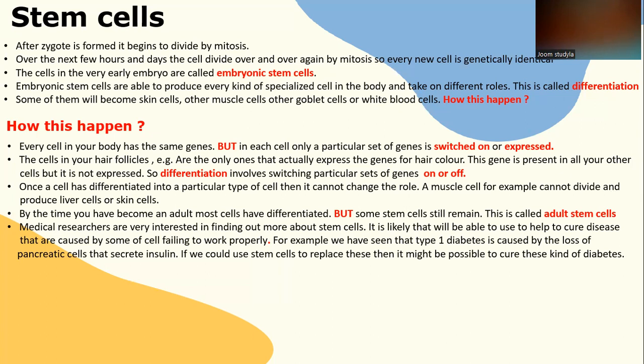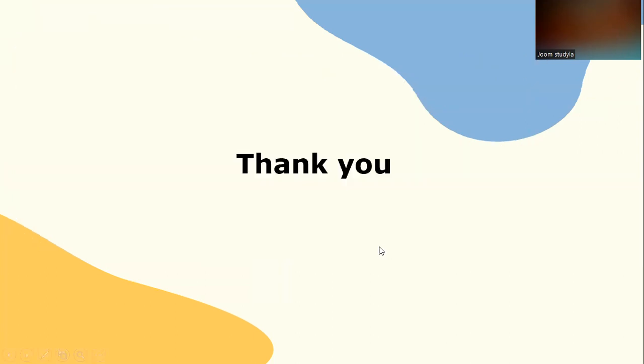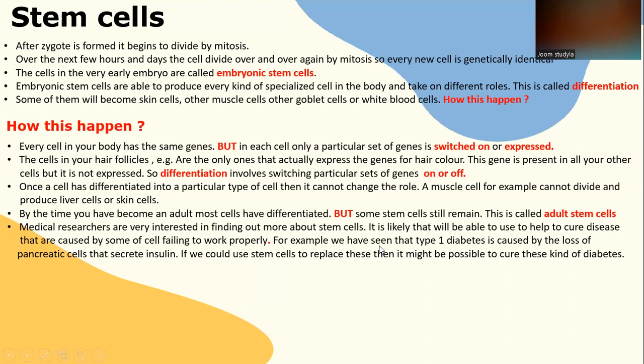For example, type 1 diabetes is caused by the loss of pancreatic cells that secrete insulin. So if we could use stem cells to replace these, then it might be possible to cure this kind of diabetes. With that being said, that's all for this topic, and I hope you will enjoy reading and studying.